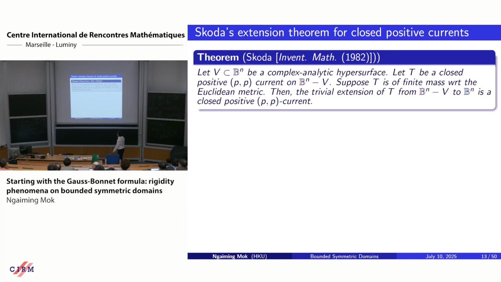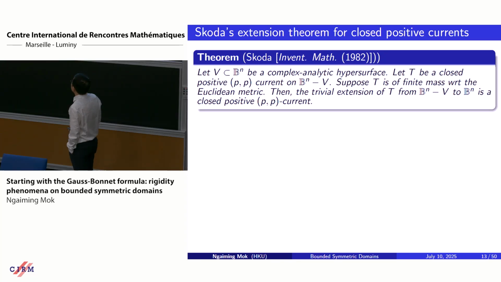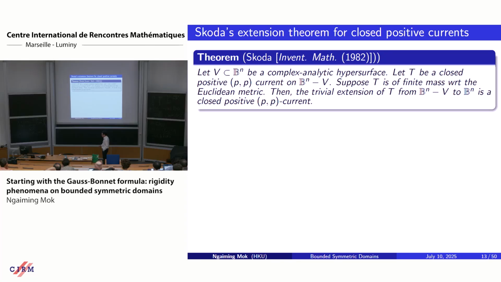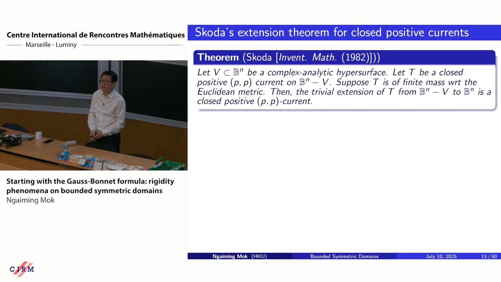Okay, and Skoda proved a very important theorem about extension of closed positive (p,p) currents. You can extend a current across a subvariety by proving that it has finite mass with respect to the background metric. If you can do that, then the current extends, and this implies Bishop's extension theorem.